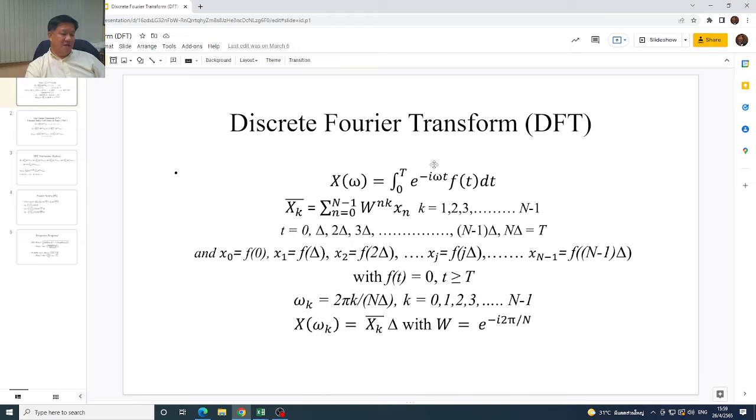And that's the start of all the problems: how can we reduce this computation issue?